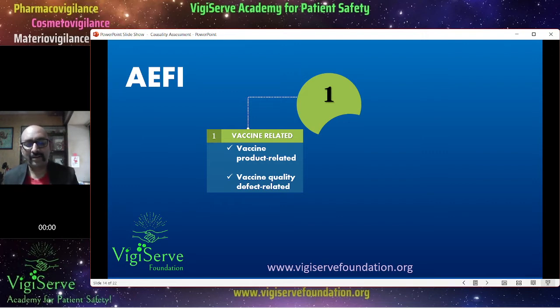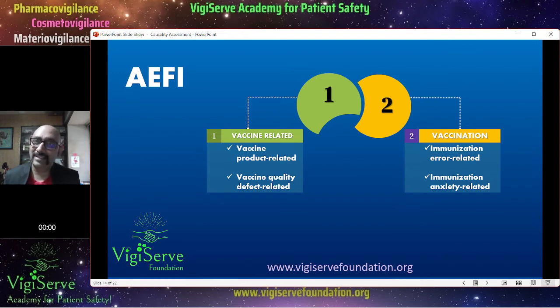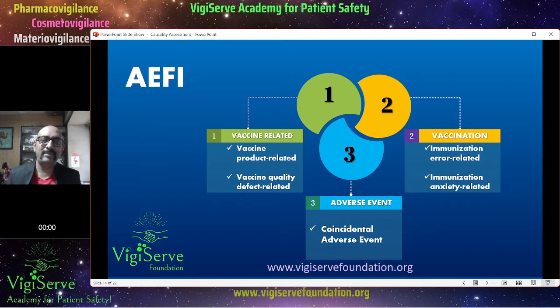Or it may be related to the vaccination, the entire immunization process, even anxiety before receiving the vaccine. And finally, it may be a proper adverse event related to the vaccine.